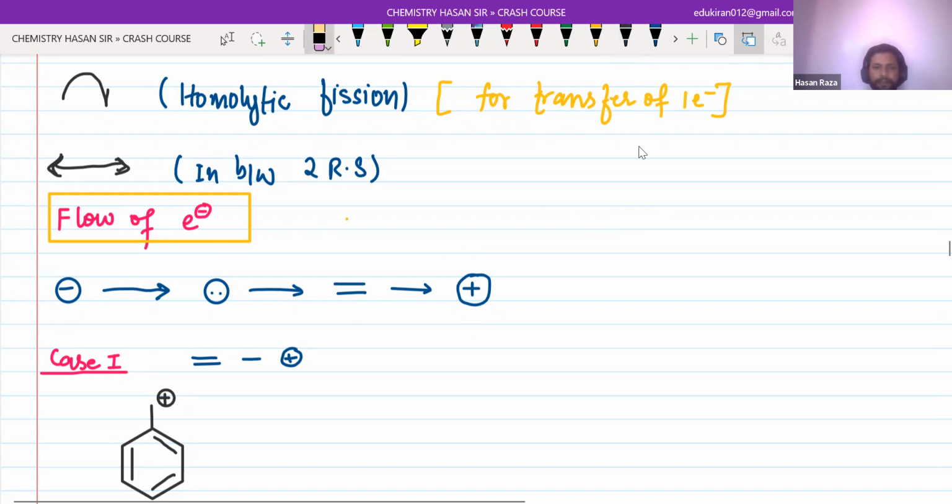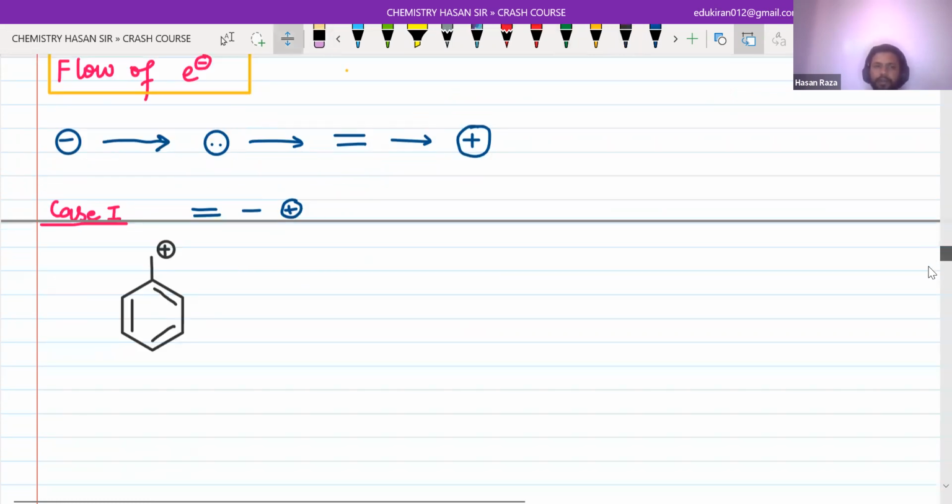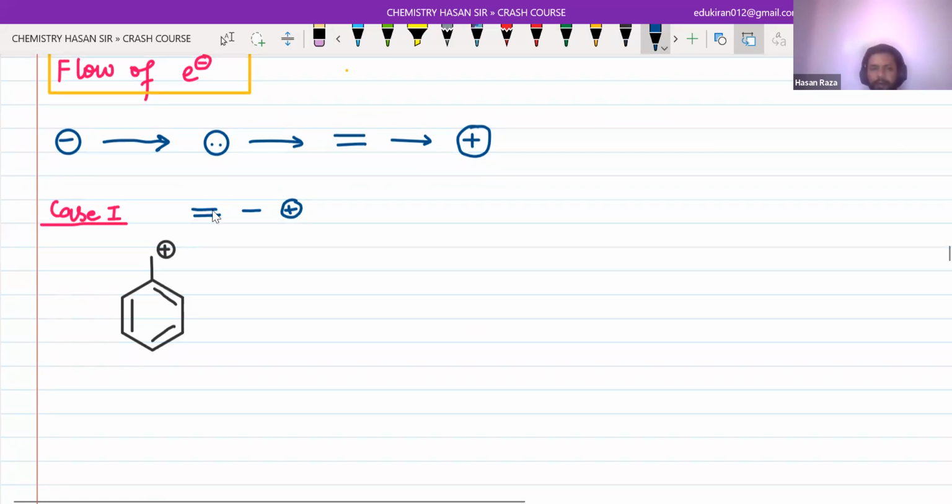Yes, sir. Now I'm going to show you resonating structures of all this. In the first case, I took pi, sigma, positive. You can see this is lower potential and this has higher potential, the pi bond, and then the positive. So the movement of electrons will start from higher to lower. That means it will go like this.